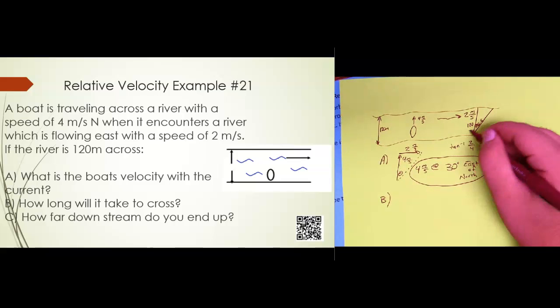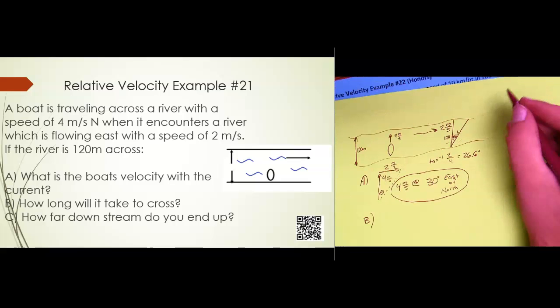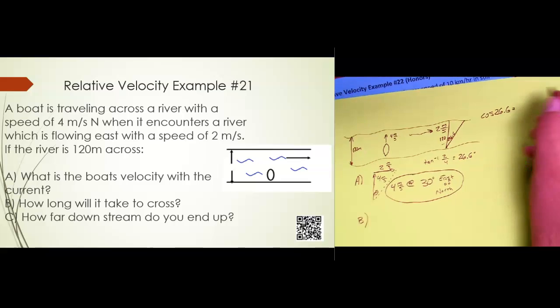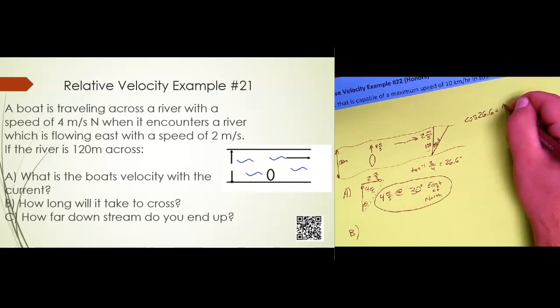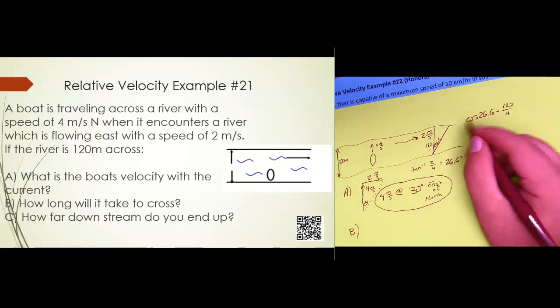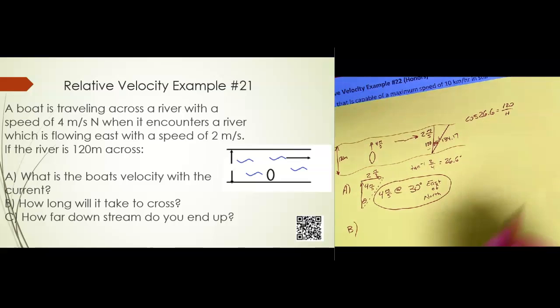So my hypotenuse. If I do SOHCAHTOA, I'm going to take the cosine of 26.6 is equal to the adjacent over the hypotenuse. All right. And if you plug this in, you're going to get the hypotenuse to be 134.17.